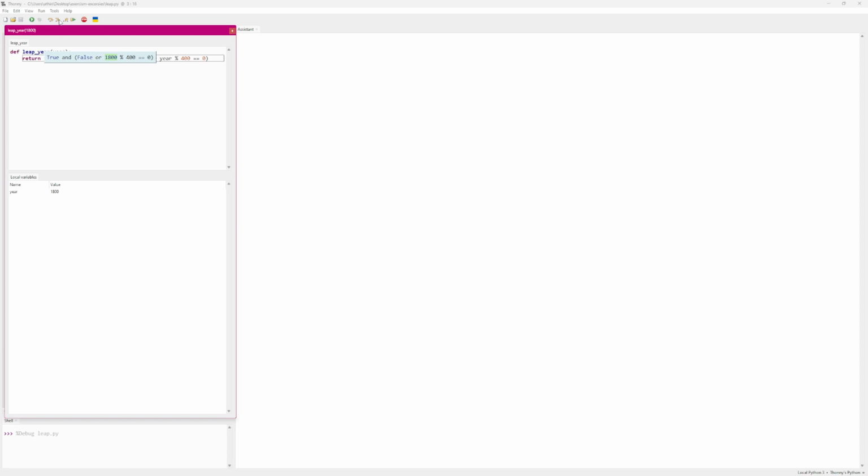I think I understand why he did the do not. He did the do not to get a false. The or in the middle is supposed to say one of these has to be true. Not both.